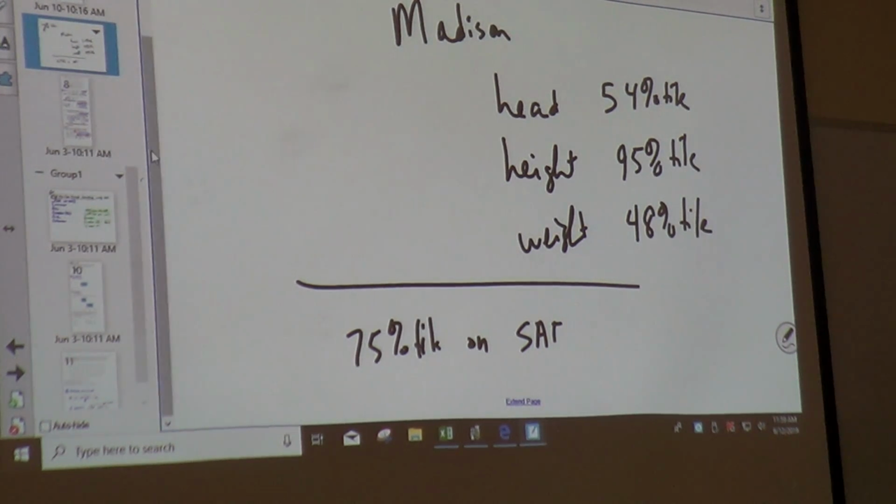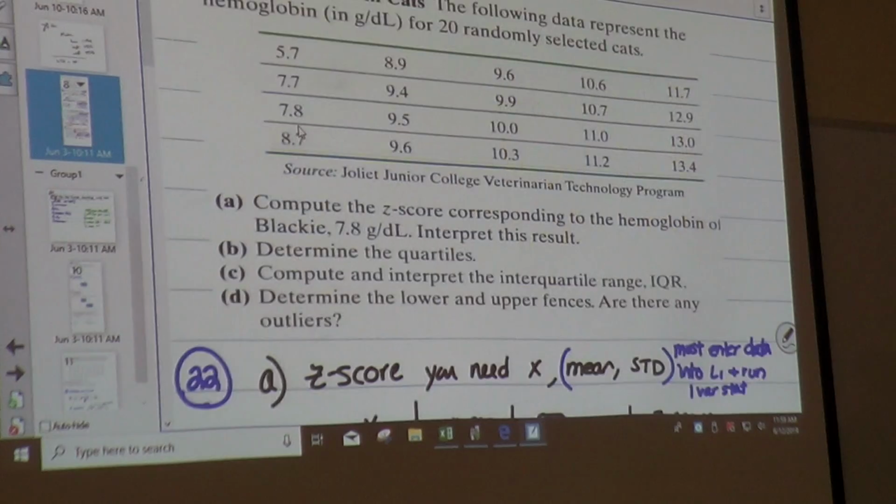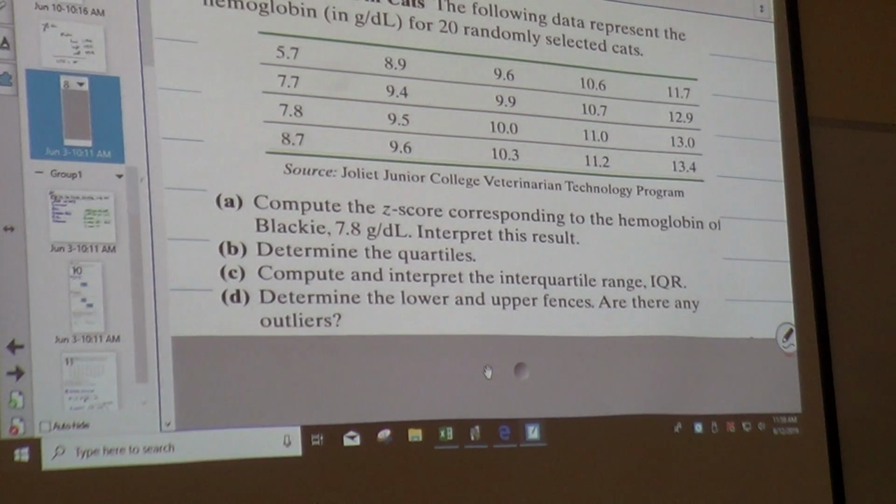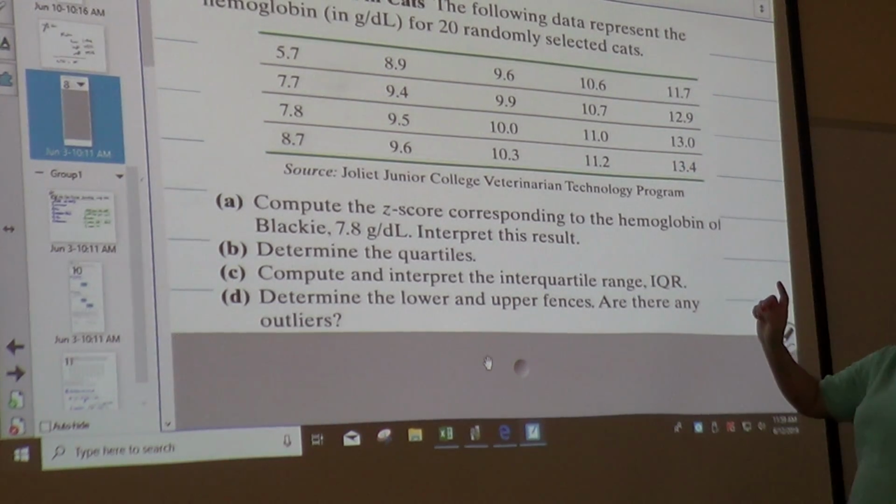All right, next problem. Let me cover up. We have looked at the hemoglobin in cats, and we've selected 20 cats. We want to compute the z-score corresponding to the hemoglobin of Blackie.